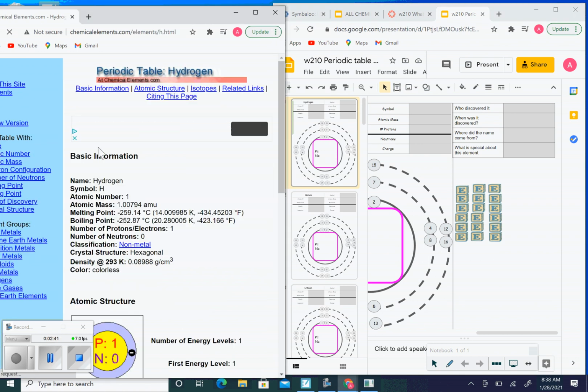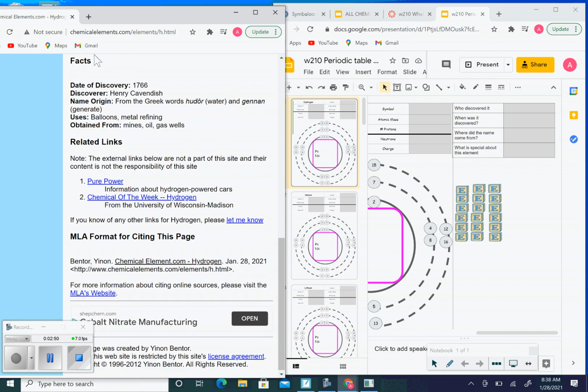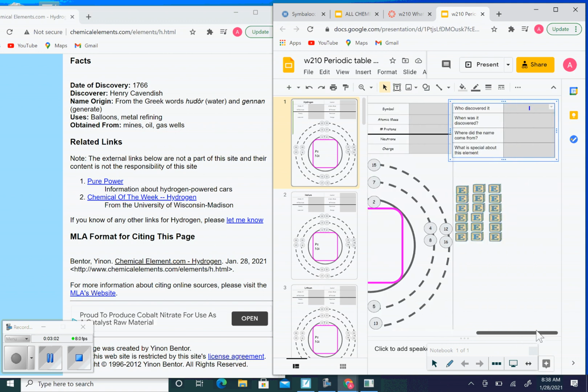All right. Now we want to know who discovered it. You can scroll through all of this if you want to, but the information that we're going to be worrying about is right here under facts. So who discovered it? It's Henry Cavendish. So I'm going to write Henry Cavendish on this side. When was it discovered?